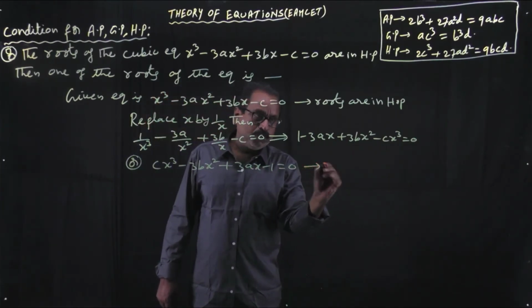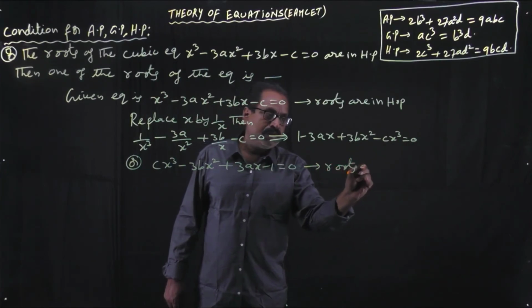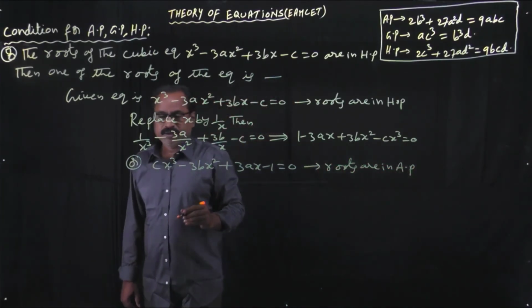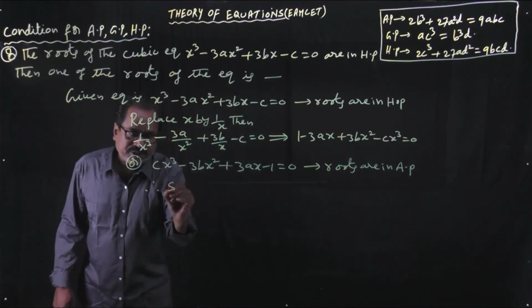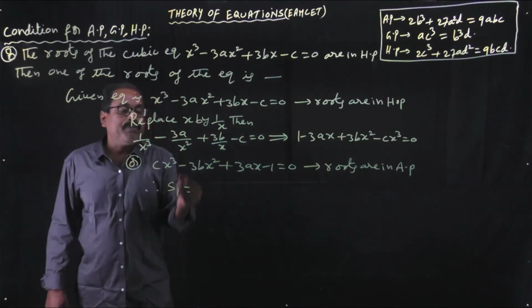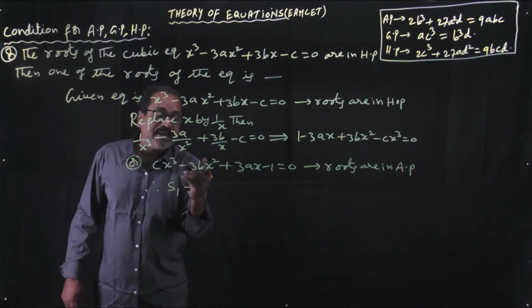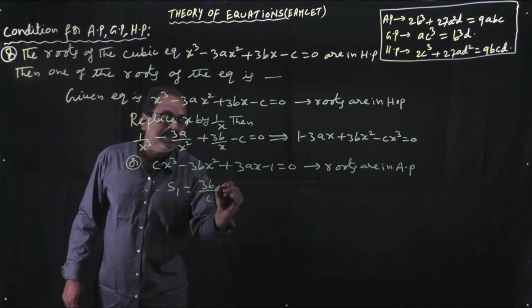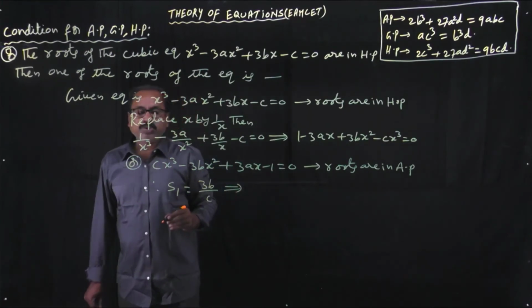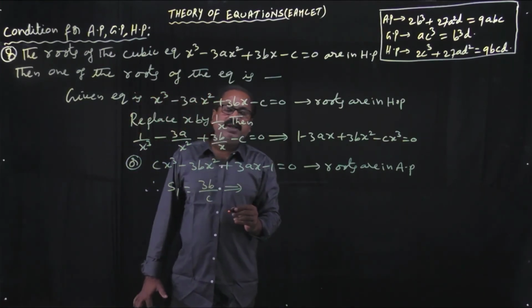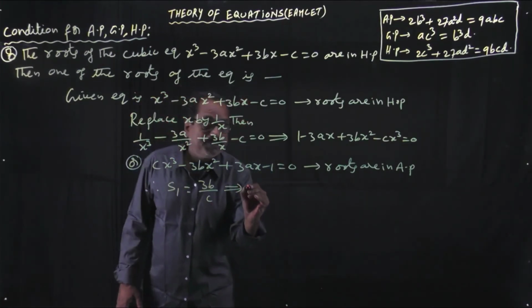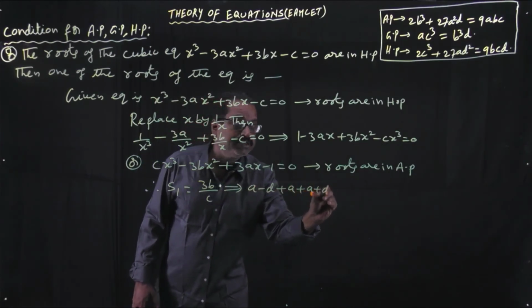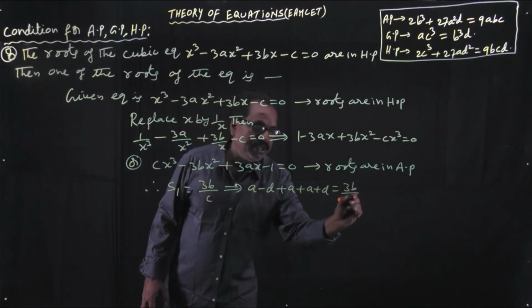Here the roots are in AP. Therefore S1 is equal to minus A1 by A0, minus of minus 3b by c, 3b by c. In AP the roots are a minus d, a, a plus d. Sum of the roots a minus d plus a plus a plus d is equal to 3b by c.